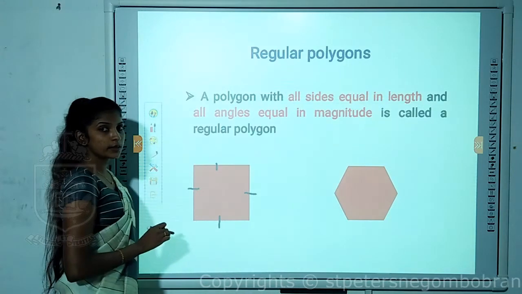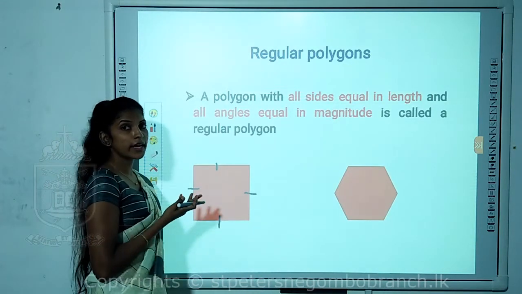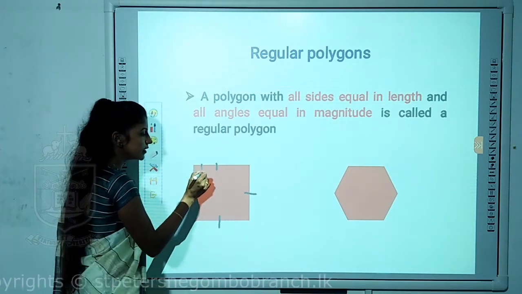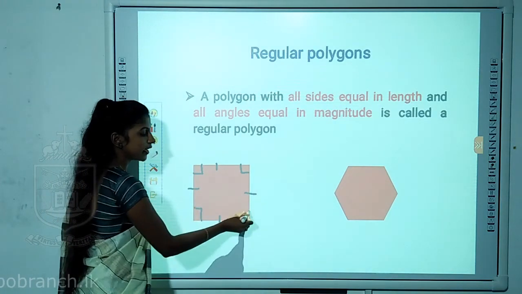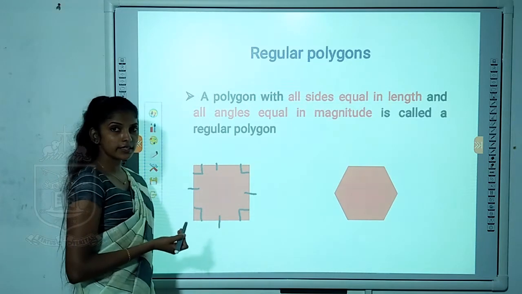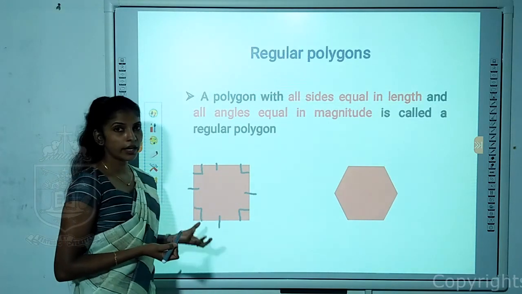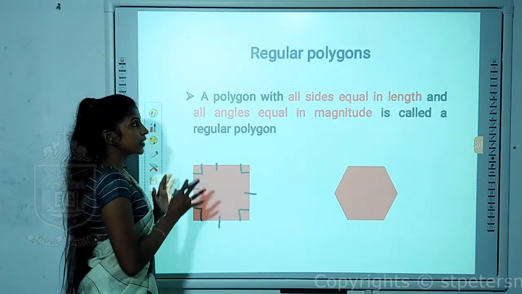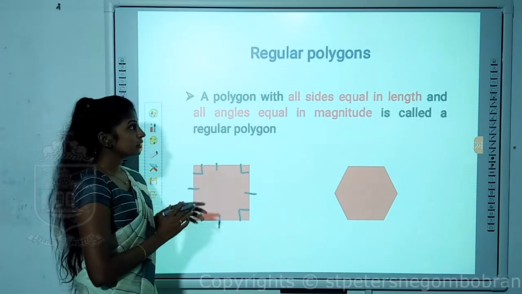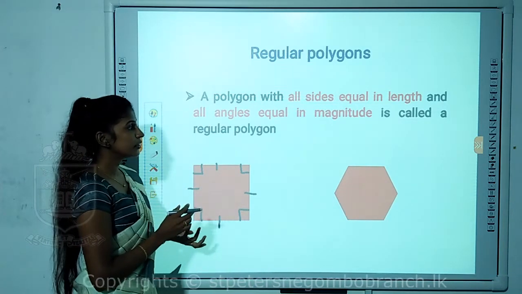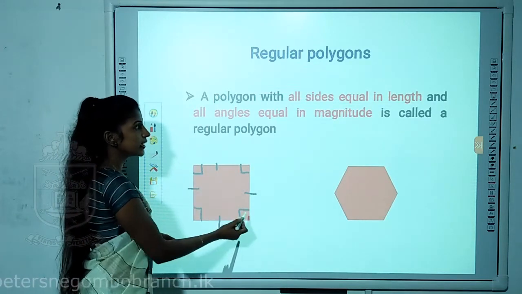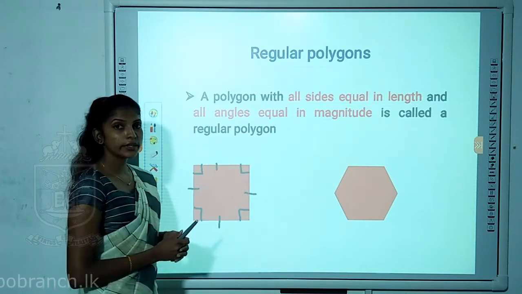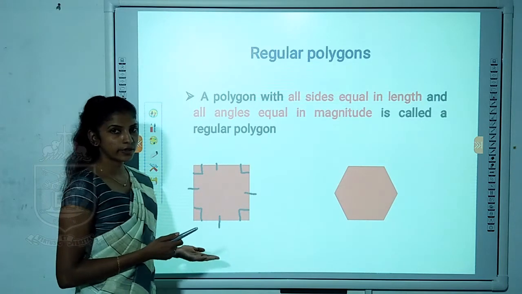And also at the same time, we have to check the interior angles. If you consider the interior angles of a square, you know that all the angles have a magnitude of 90 degrees, which means all four are equal to each other. So that is why we can consider it a regular polygon. So a polygon with all sides equal in length and all angles equal in magnitude is called a regular polygon.